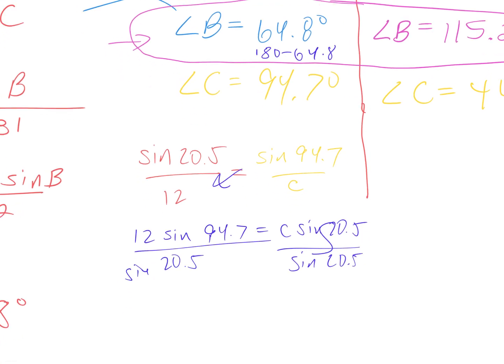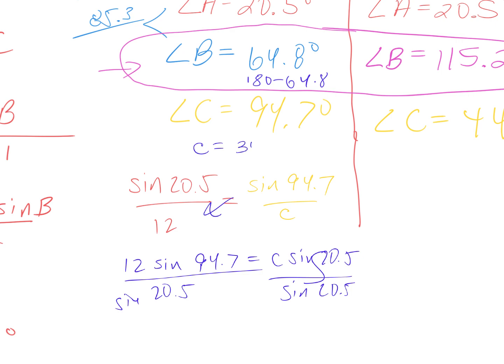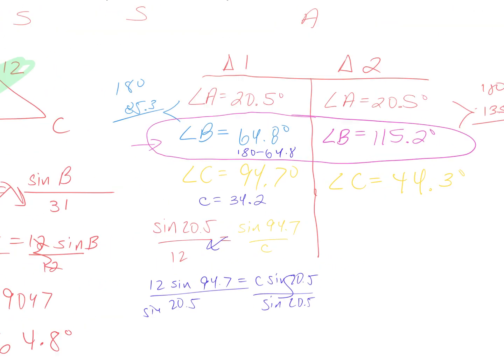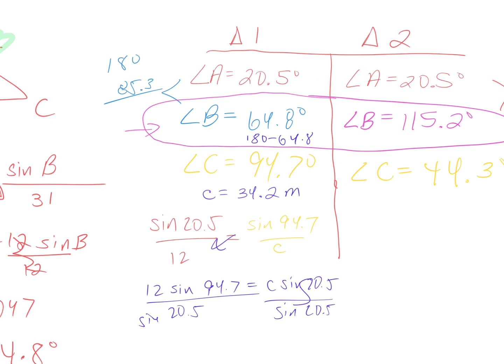And what does little c equal in the first triangle? 12 times the sine of 94.7 over the sine of 20.5. What'd you guys get? One decimal's fine. So I got 34.2. Remember, if there's a unit, you need to put it.